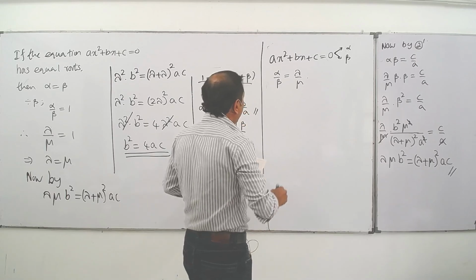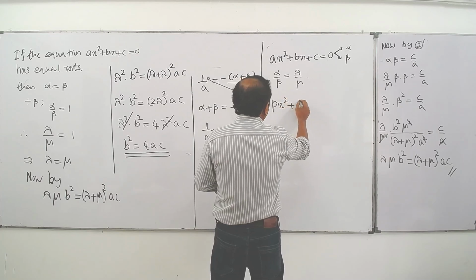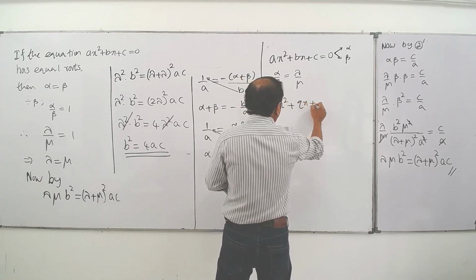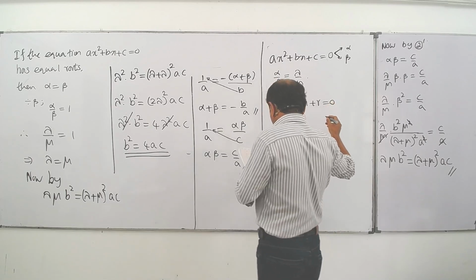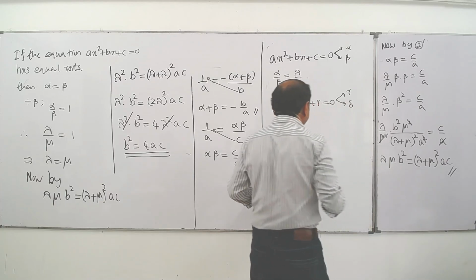And now the second equation, px squared plus qx plus r equals 0. I'm going to assume the roots of this as gamma and delta.